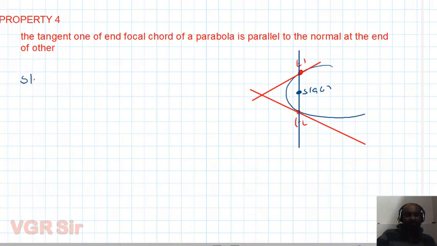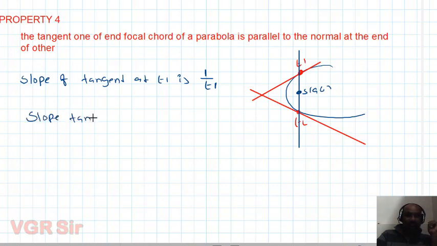Okay, I will write. Slope of tangent at T1 is 1 by T1 only. Now you want to show that the slope of the normal drawn at T2 is also 1 by T1. First of all, slope of tangent at T2 is 1 by T2, but here T1 and T2 are endpoints of the focal chord.